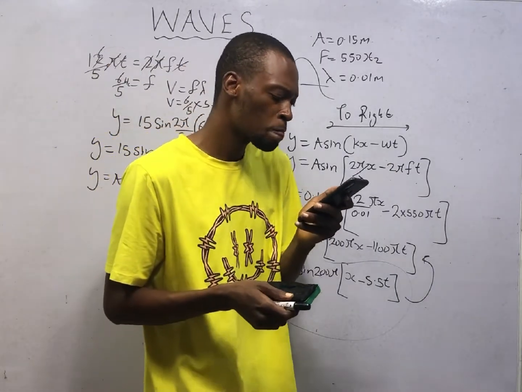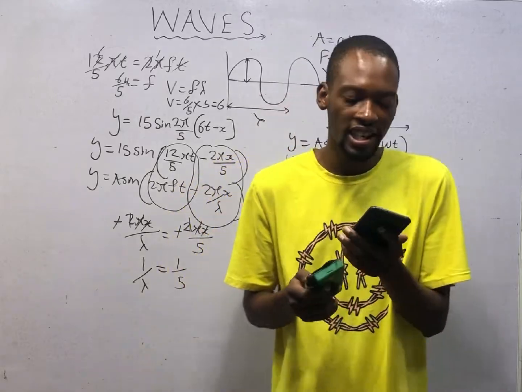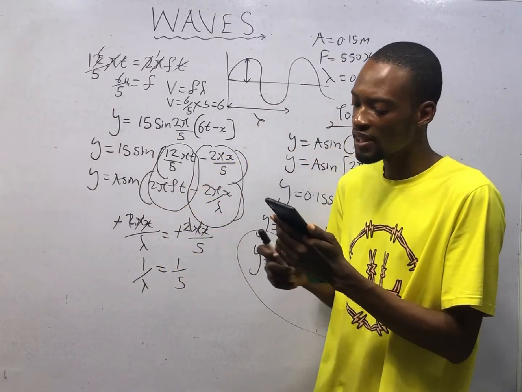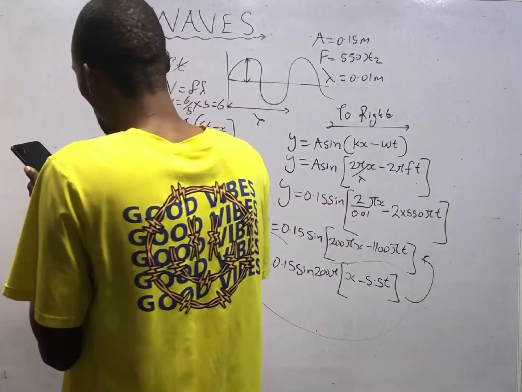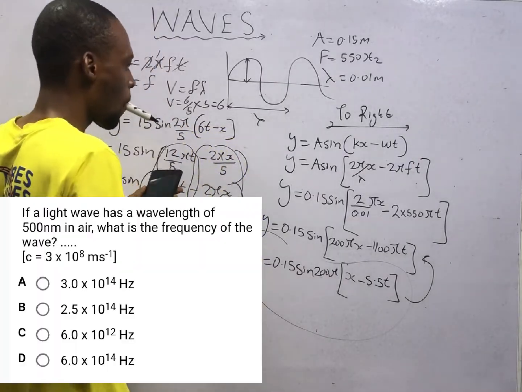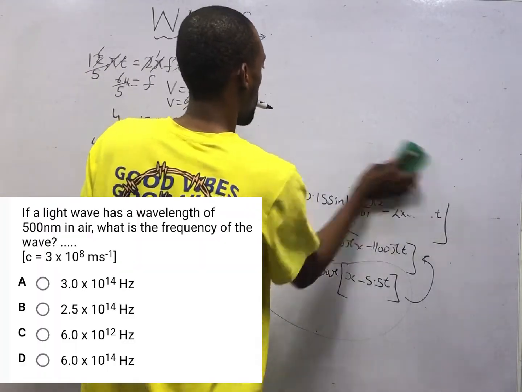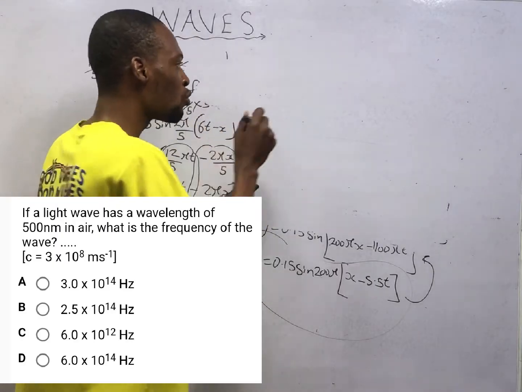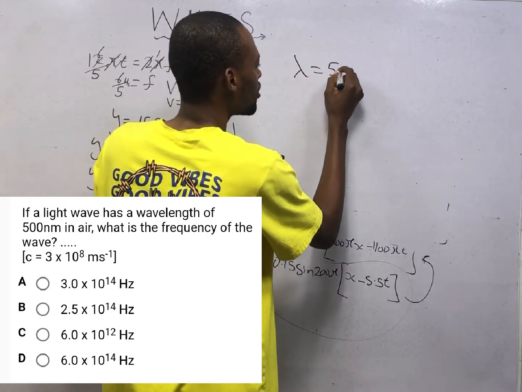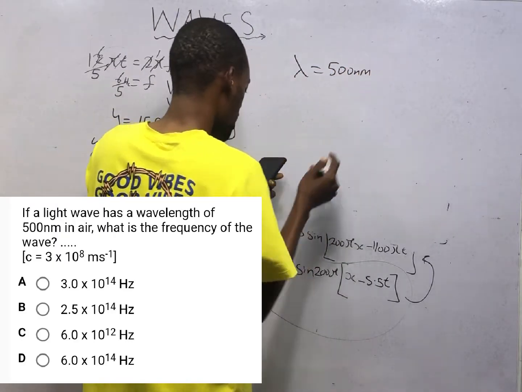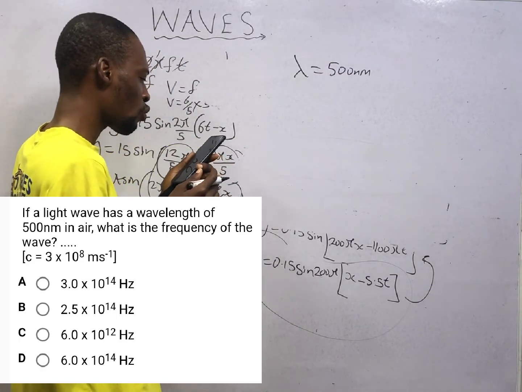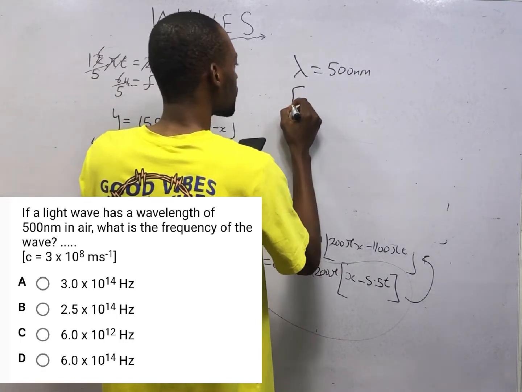And for this question, it says that if a light wave has a wavelength of 500 nanometer in air, what is the frequency of the wave?